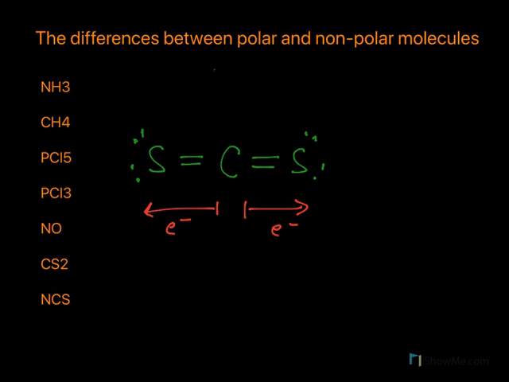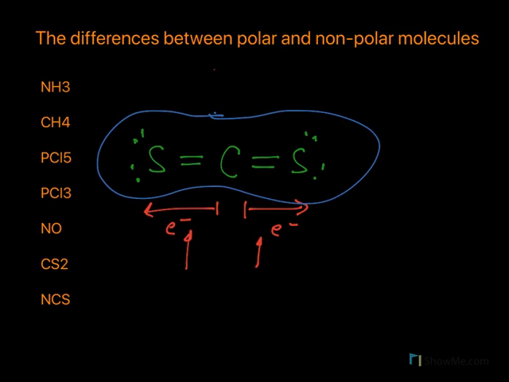But because the pull is exactly the same, because these are both sulfur atoms, the dipole moments negate each other, so you have a net zero dipole. Because of that, the electron density is exactly evenly distributed in the molecule because of the same magnitude of electronegativity of the sulfur to the carbon. So this is going to be a nonpolar molecule.